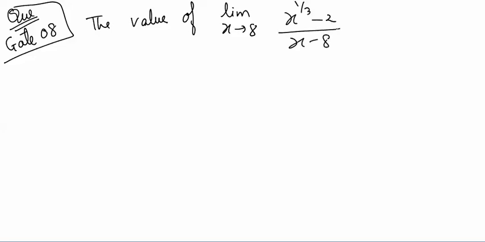Let us take another example from GATE 2008. Question was the value of limit x tends to 8 (x to the power 1 by 3 minus 2) upon (x minus 8) is.